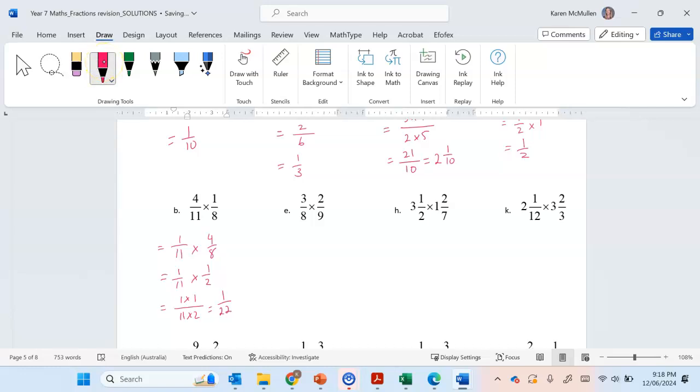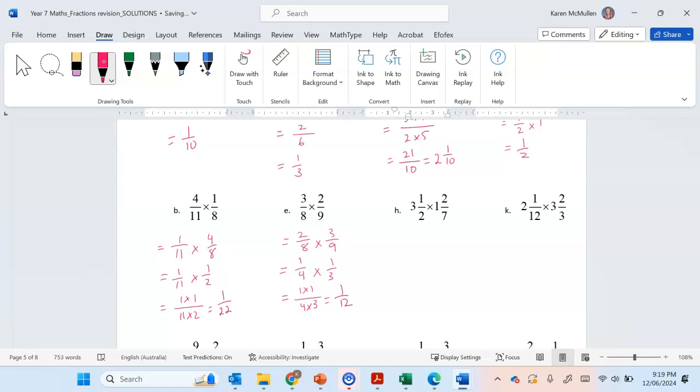All right, so 3 over 8 times 2 over 9. Here's a good example of switching them. I'm just going to switch the 2 and the 3. So 2/8 is the same as 1/4, and 3/9 is the same as 1/3. Multiplying my numerators and multiplying my denominators, I get 1/12.